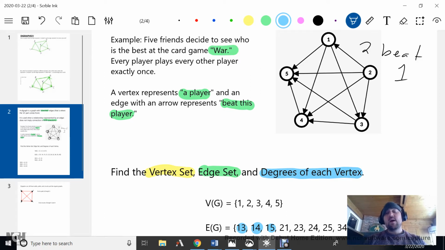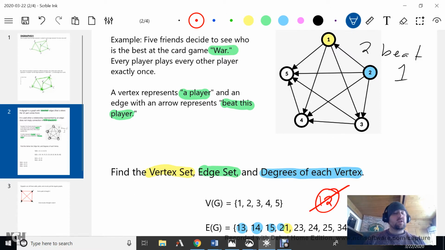We don't say 1, 2 because the starting vertex is going to come before the ending vertex in our edge. So we don't have 1, 2. Instead, we have 2, 1. So even though 1 appears 4 times in this edge set, because there's 4 edges in total, we don't list it as 1, 2. We list it as 2, 1. So we would not use 1, 2 in this.